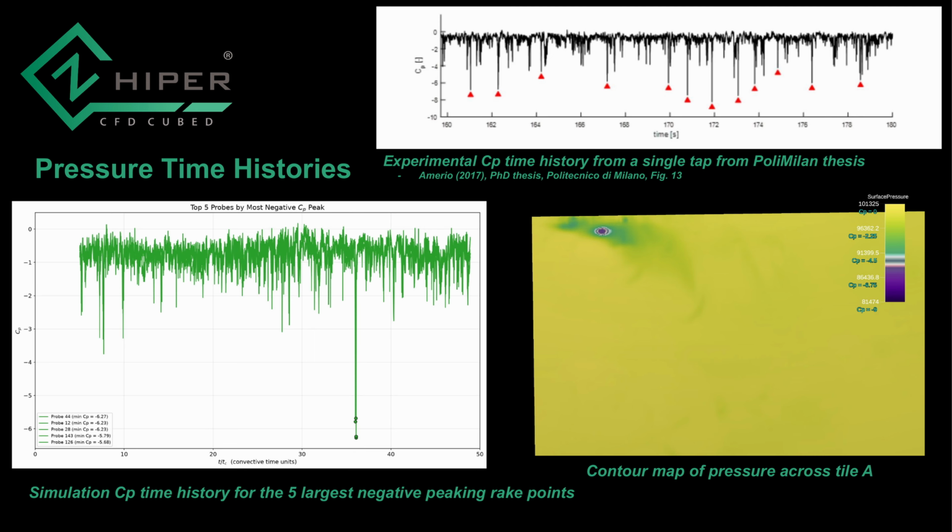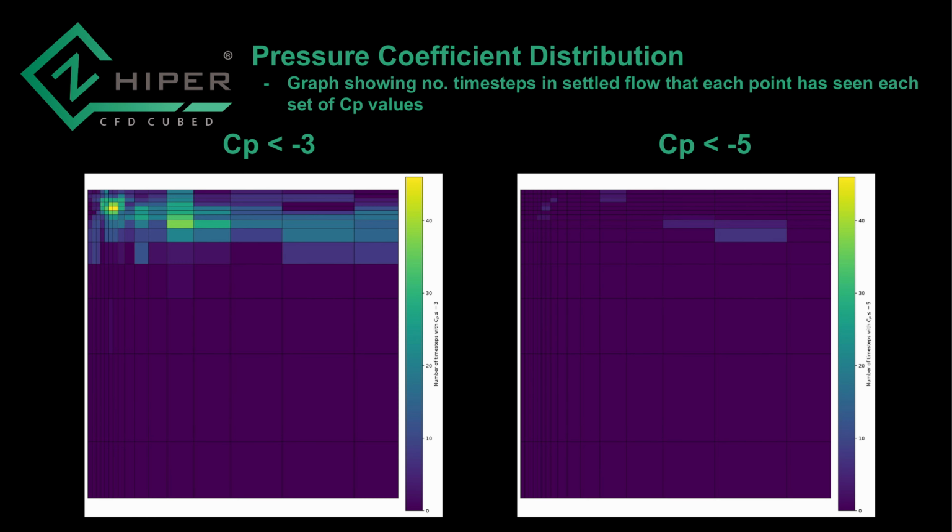So the view seen there is the whole tile that was on the leeward rear face of the building. So you can see HiPer is definitely picking up these microbursts.